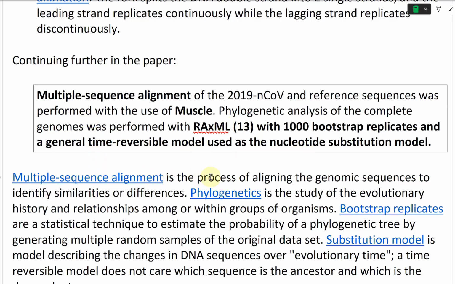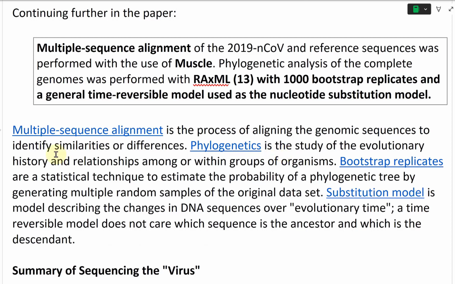So multiple sequence alignment is a process of aligning the genomic sequences to identify similarities or differences. And phylogenetic analysis, or just phylogenetics, is the study of the evolutionary history and relationships among or within groups of organisms. Bootstrap replicates are a statistical technique to estimate the probability of a phylogenetic tree by generating multiple random samples of the original data set.